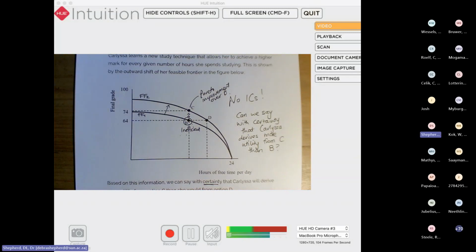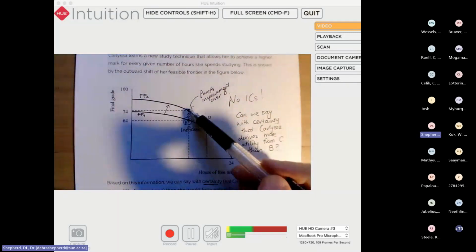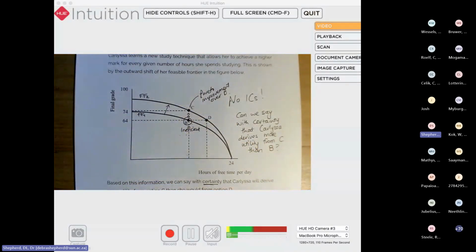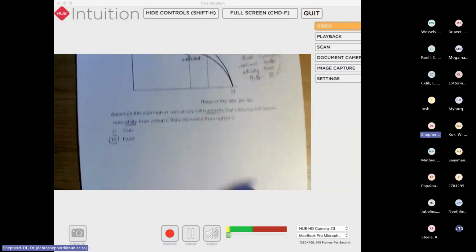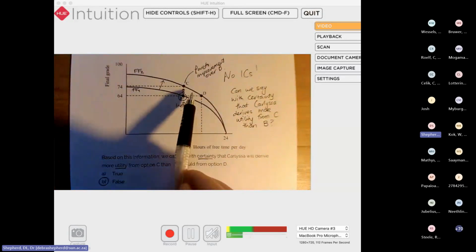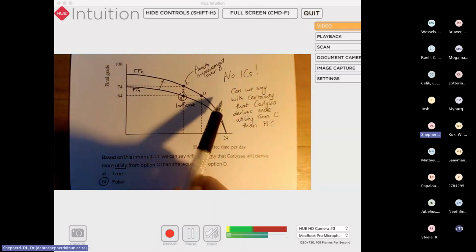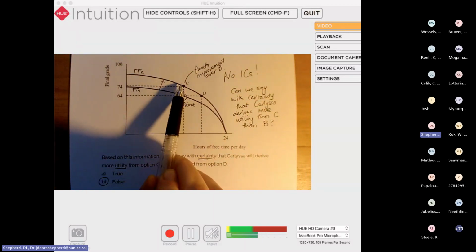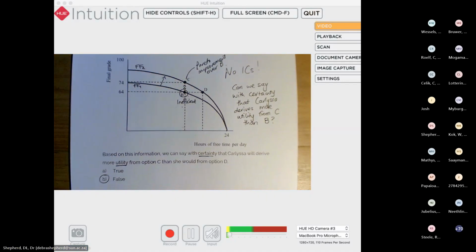If we're inside our feasible frontier, we are not getting the full value for the free time or for the hours of study. Okay, so we can definitely with certainty say that C is preferred to B, but we cannot with certainty say whether C is preferred to D. Great.